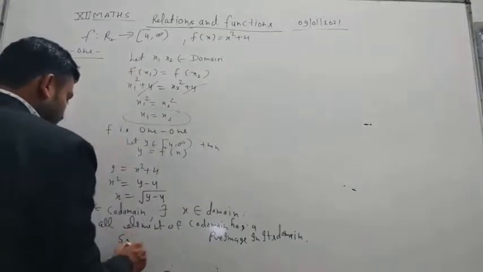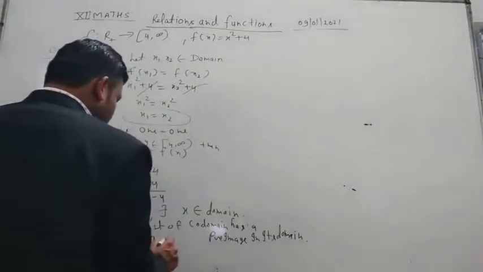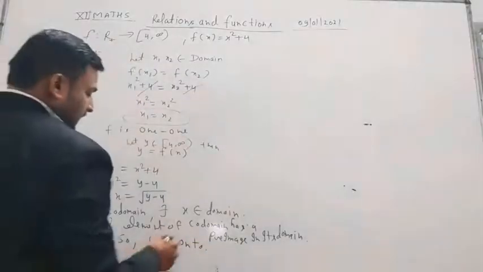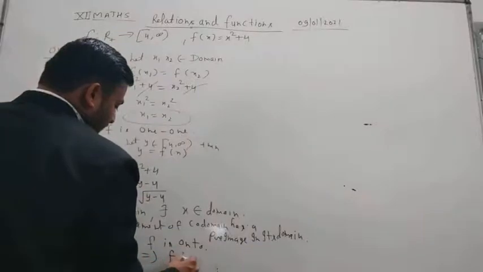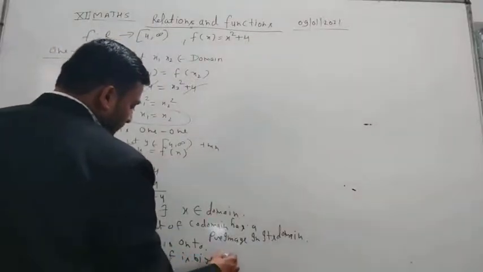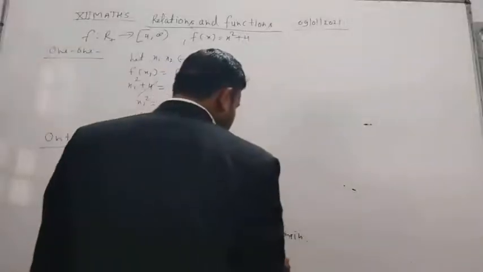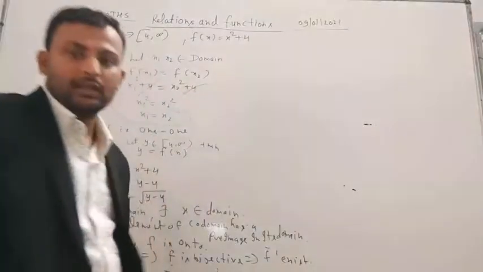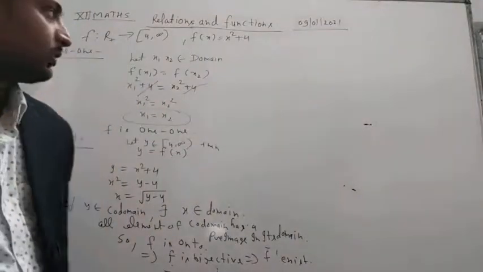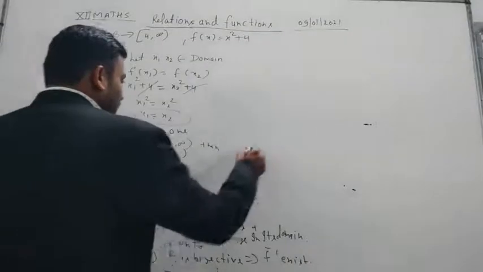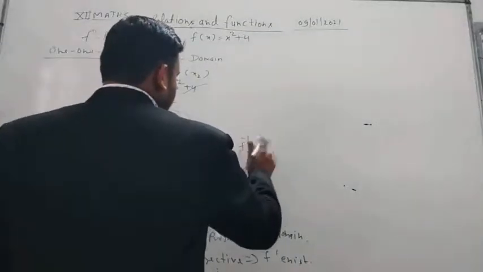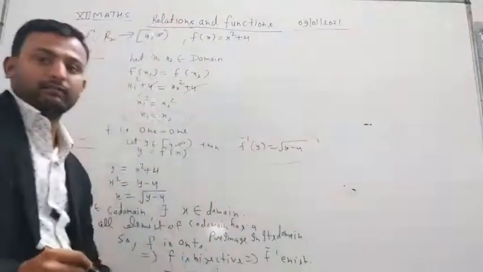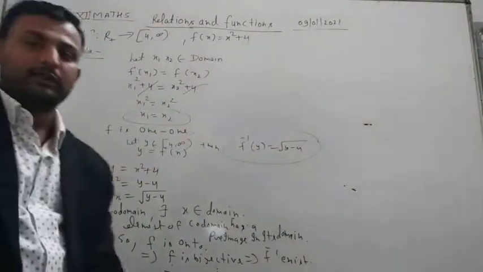So our function is an onto function. Our function is one-one and onto. So we can say that our function is a bijective function. So this implies f inverse exists and the function is an invertible function. And the inverse of the function will be f inverse of y is equal to under root y minus 4. This will be the inverse of the function. I hope you understand, friends.